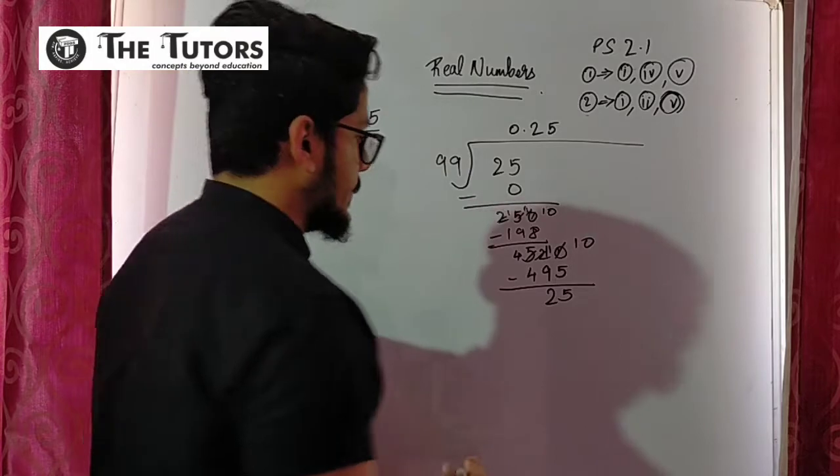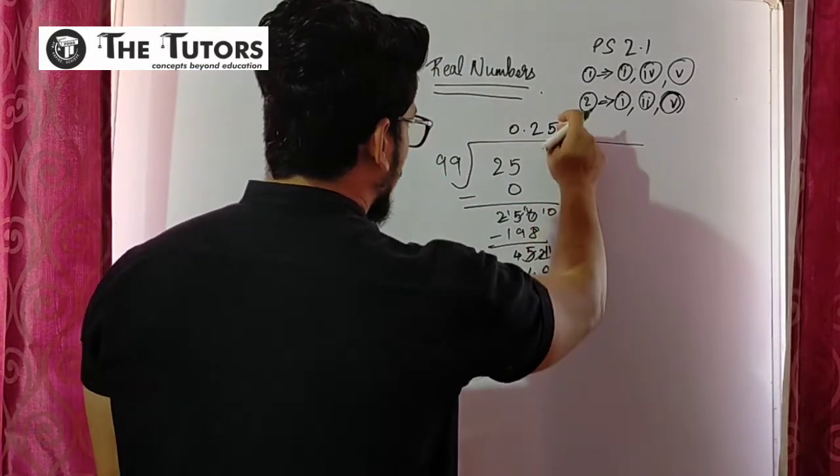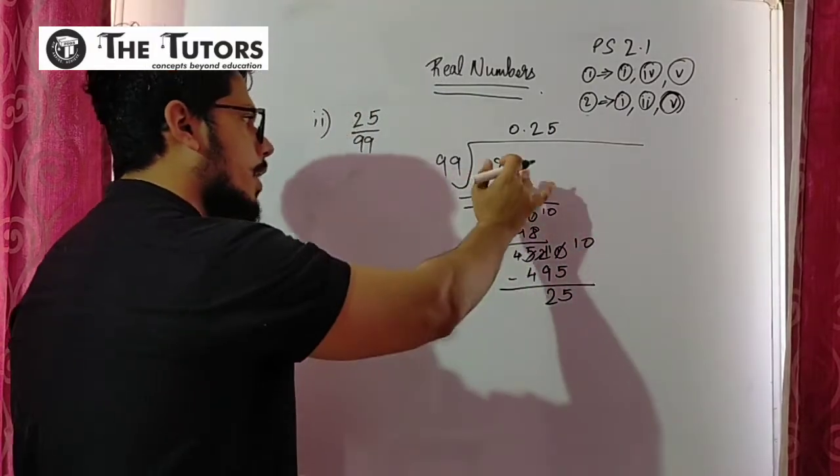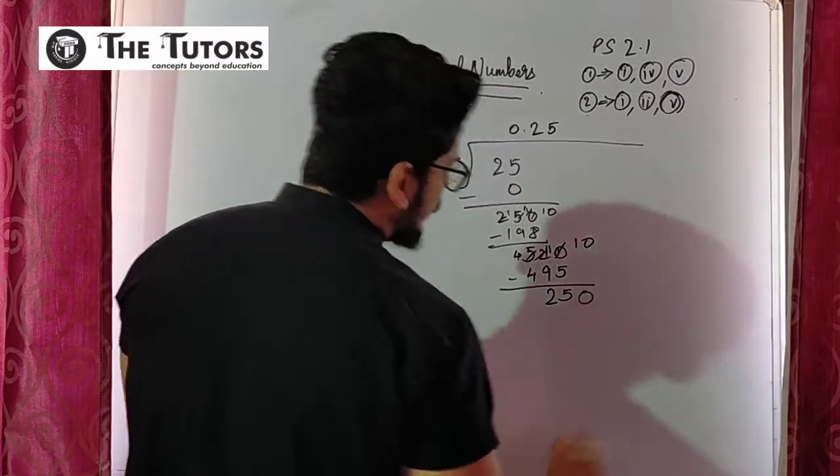Let me get this clear. You multiplied by 2 here so 198 came, here by 5 so 495. Now you have the same number 25 again, which will again become 0.